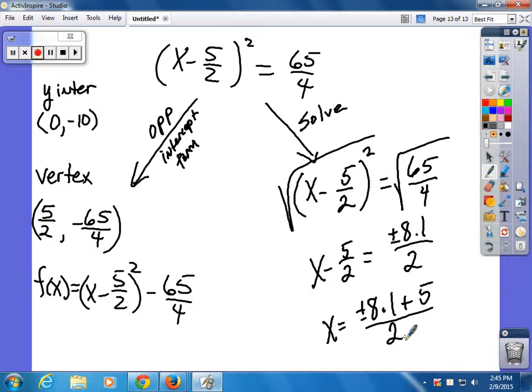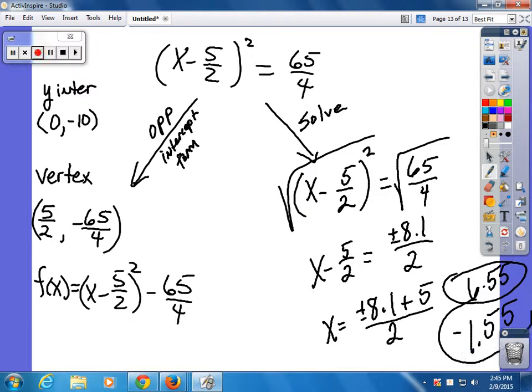And half of 13 is 6.55. So the positive 6.55 is going to be one x-intercept. And negative 8.1 plus 5 is negative 3.1. So that'd be what? 1.55? Negative 1.55 is going to be the other x-intercept.